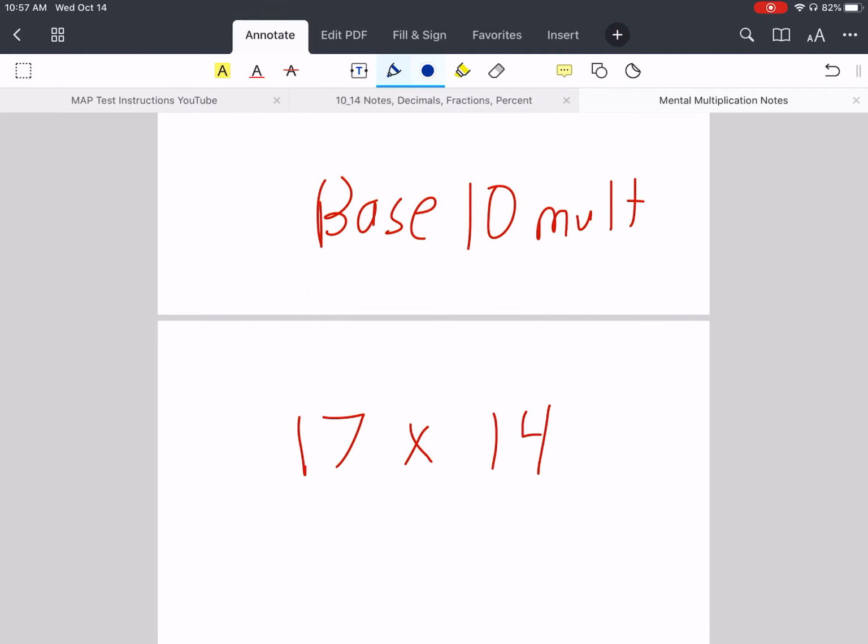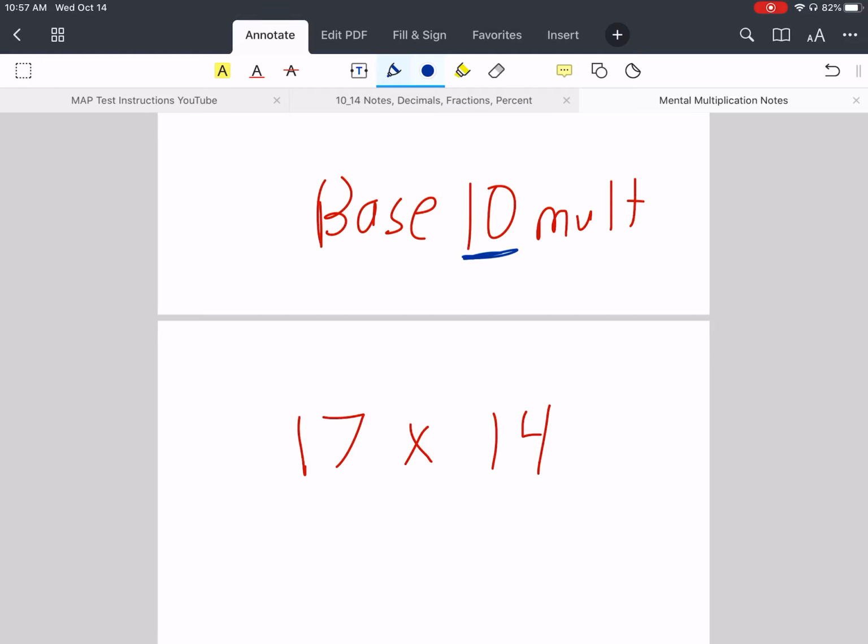So the fact that we're using base 10 is very important. We're going to cover other bases in the future, but we're going to start with base 10. What I want you to think of is how many more than 10 or how many less than 10 are each of these numbers.